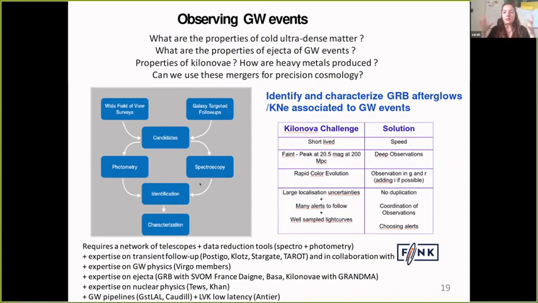So to make this strategy come through, there is a question about rates over time, and you need to have access to a lot of telescopes to be able to promptly observe the good portion of the sky.